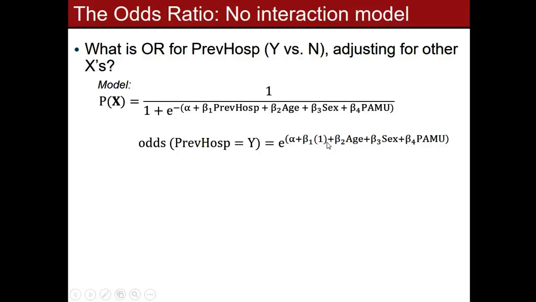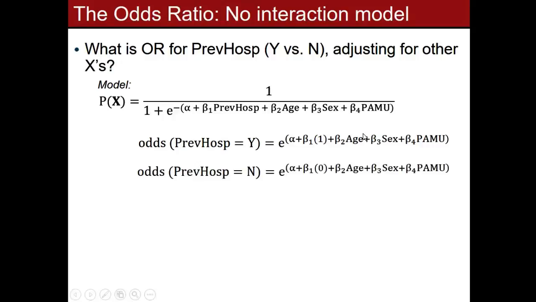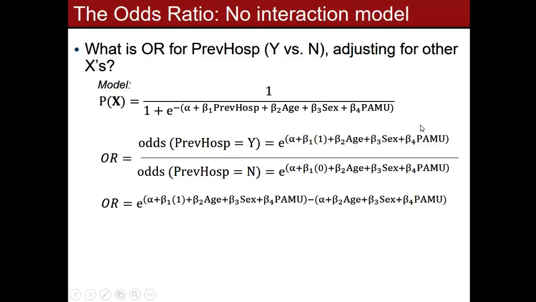And when we say, well, what's the odds when previous hospitalization is no, it's the same exact thing but with a 0 here for the x variable associated with previous hospitalization. And if we hold everything else constant, I don't care what your value of sex, age, PMU, I just want it to be the same between people who were previously hospitalized, yes versus no, well, you just take the ratio of these two expressions. And luckily, a lot of stuff starts to cancel.